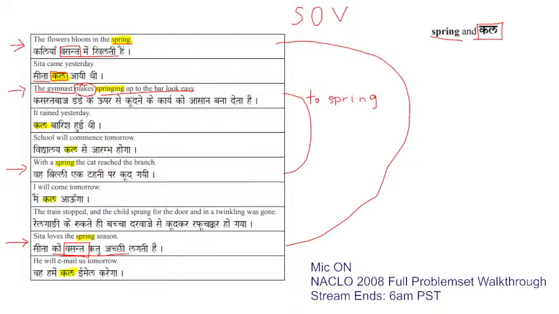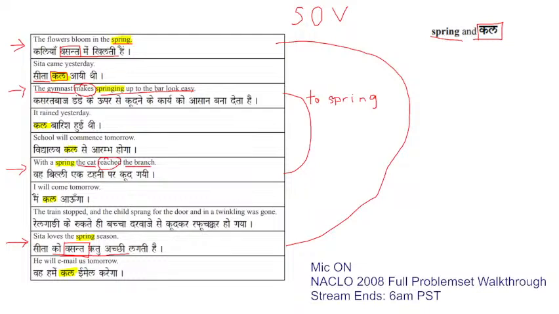Okay, hold on. The cat is not the verb, the cat's the subject. I meant to underline the cat. Okay, the cat reached the branch.